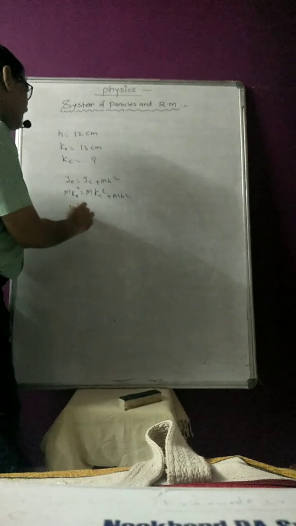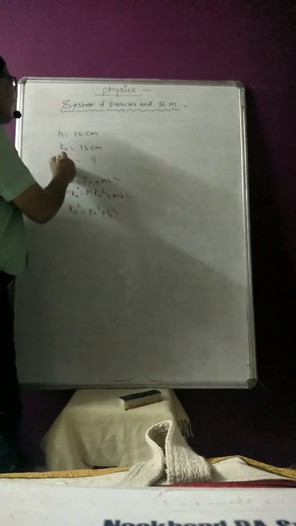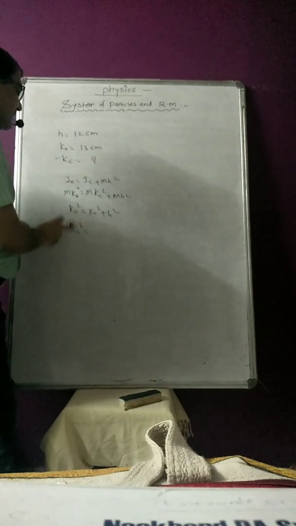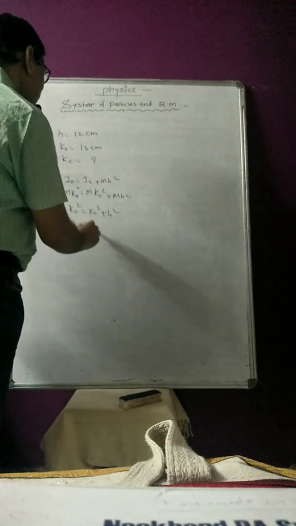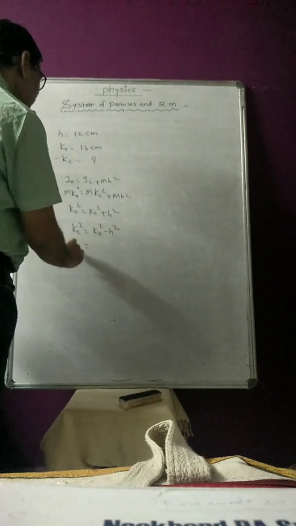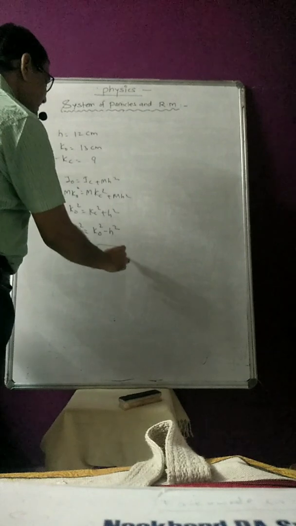If I cancel the m, then your formula becomes KO square is equal to KC square plus H square. But what has he asked you? KC, the radius of gyration about the axis passing through its center. So that answer will be KO square minus H square. Therefore KC is equal to under root of KO square minus H square.